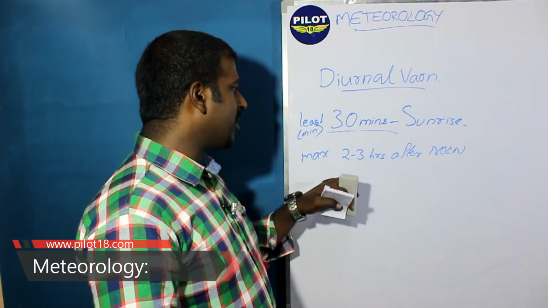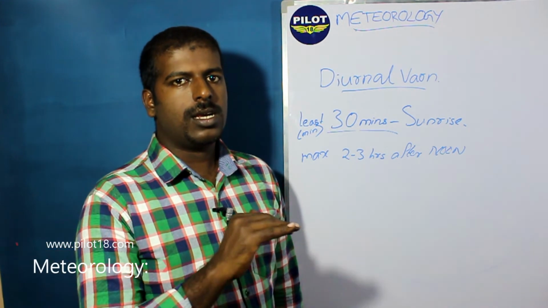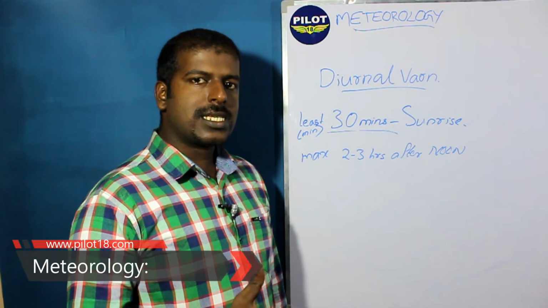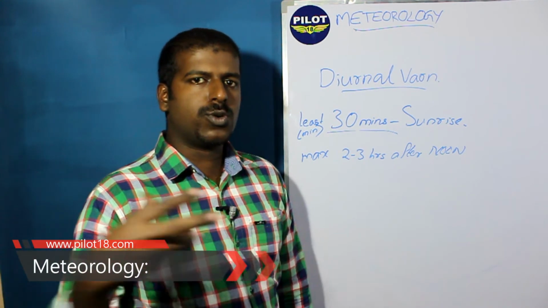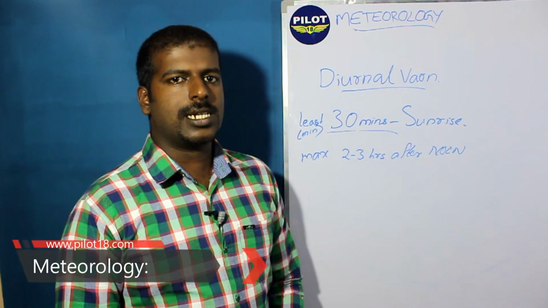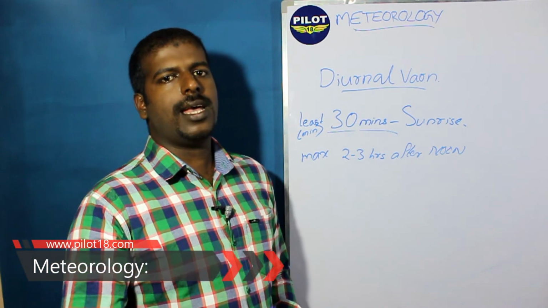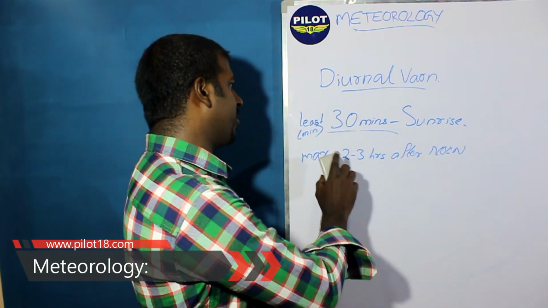So the maximum temperature occurs 2 to 3 hours after noon. Okay, then the setting sun will cause less energy to heat up the Earth, and Earth will start re-radiating the energy at a faster pace than absorbing it. So this is the diurnal variation of temperature.